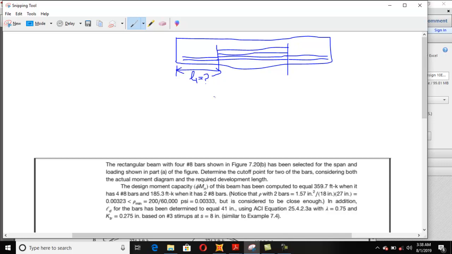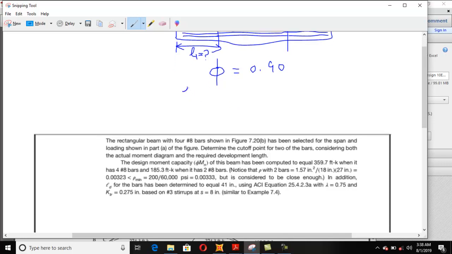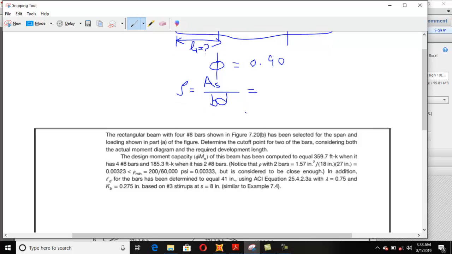You have to check the phi value, whether it is equal to 0.9 or not. So for that purpose you need to determine the rho value. The Ast is given, that is 4 number 8 bars, divided by the width and d, the width and the depth of the beam, it will give you rho.